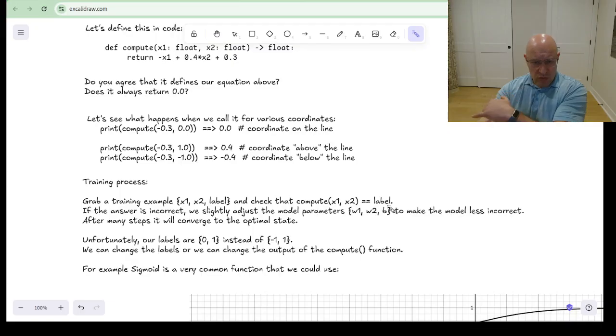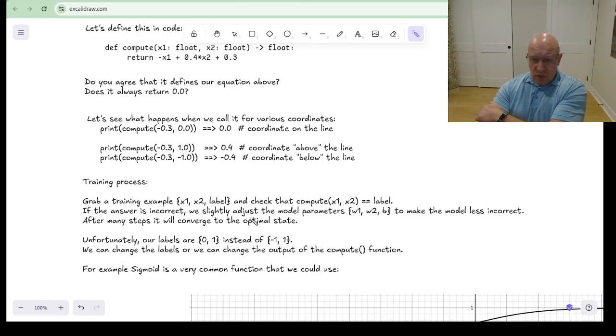Was it purchased or not purchased? And if the answer is incorrect, then we slightly adjust those model parameters, like w1, w2, and b, so that the model will be less incorrect. And we will perform many steps, and eventually it will converge to the optimal state where the line separates the data the best.